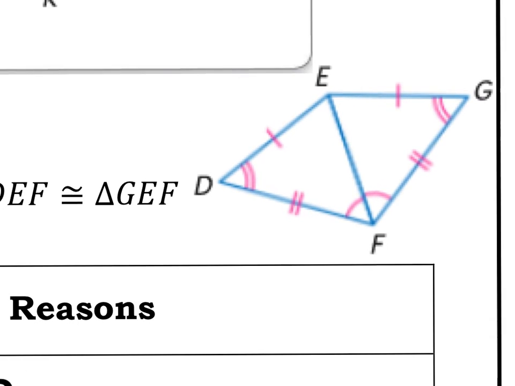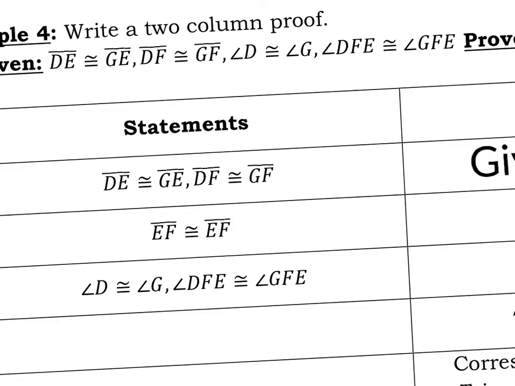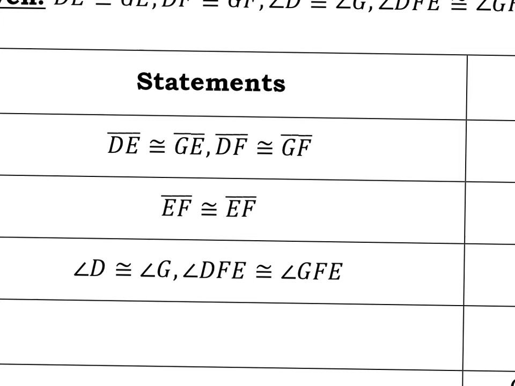That third unmarked side is going to be EF. And if you look, EF is shared by both triangles. So the next thing you would write is that EF is congruent to EF, which sounds very obvious, which it is, but you have to mention it because it's part of both triangles.